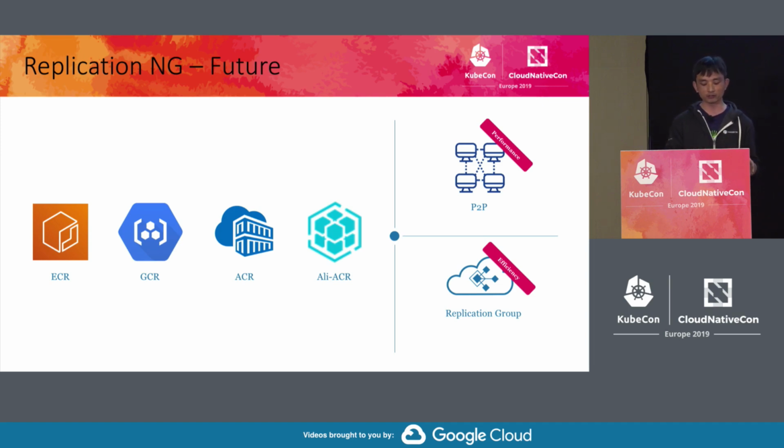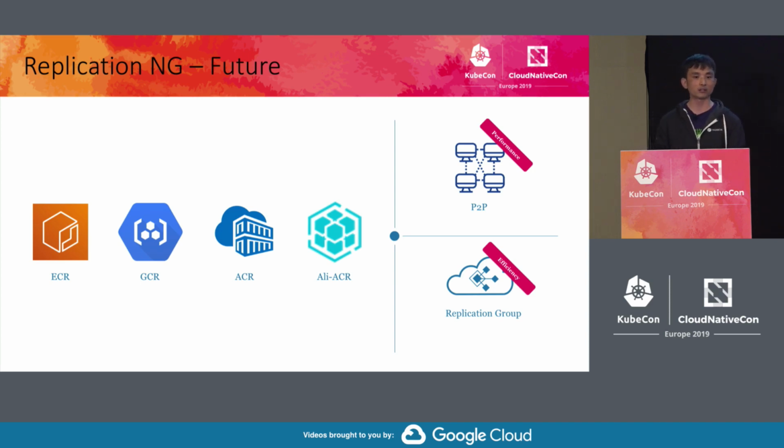So in the next step, we may introduce a replication group. That means you just create a group and add some container registries into this group. Then the system will automatically handle the replication between those different container registries. There will be two modes of support.